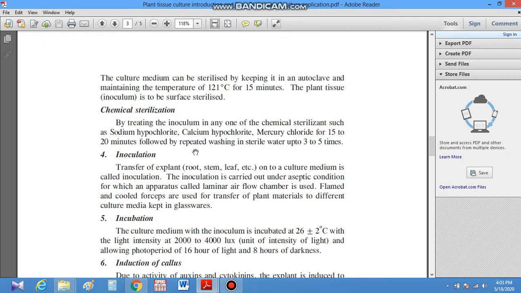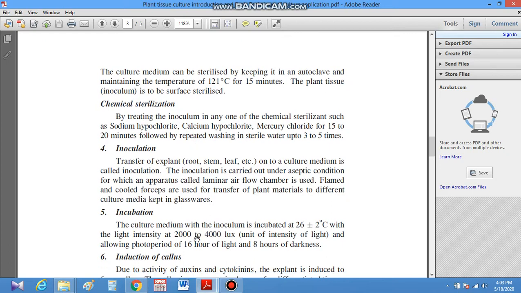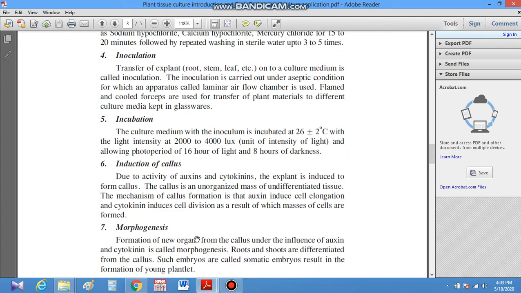The callus develops after a defined period on the medium, and shoot and root develop from the explant. This incubation is done in an incubator, and after that there is induction of callus and regeneration of plantlets.